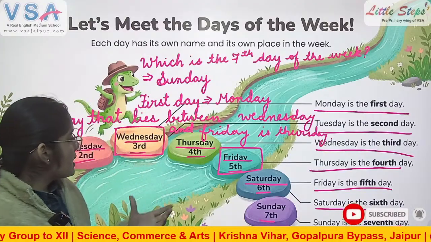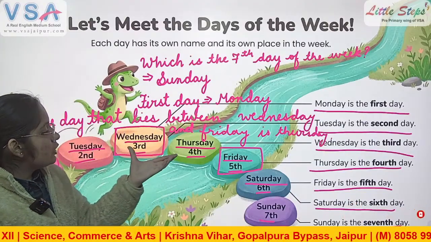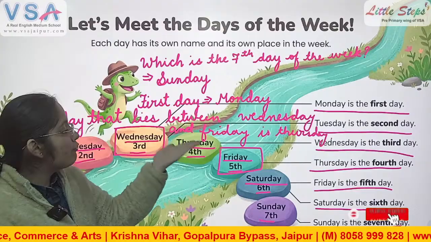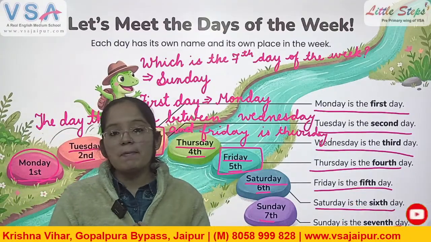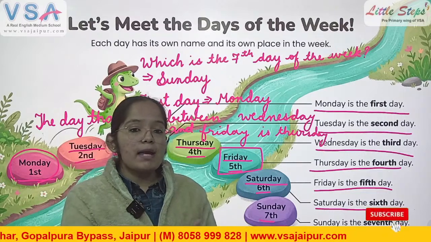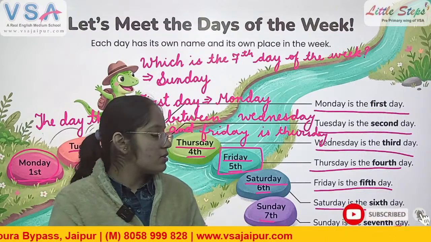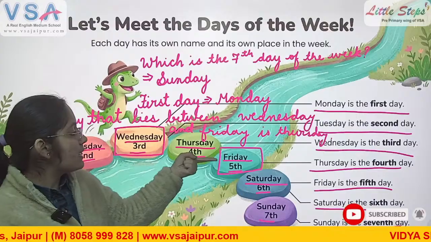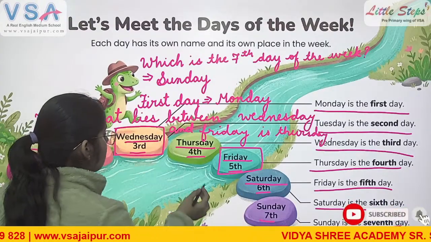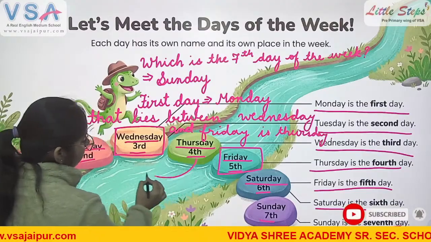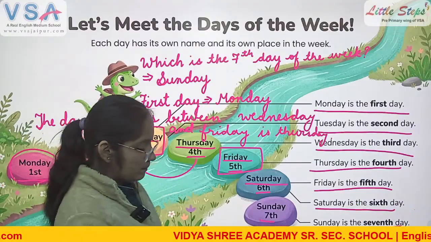Okay, now what is our question? Our question is that which day comes before Thursday? What is the meaning of before? Before means पहले. तो Thursday के पहले कौन सा डे आता है? Thursday के पहले. When we are talking about before, it means पहले. Who can tell me the answer?